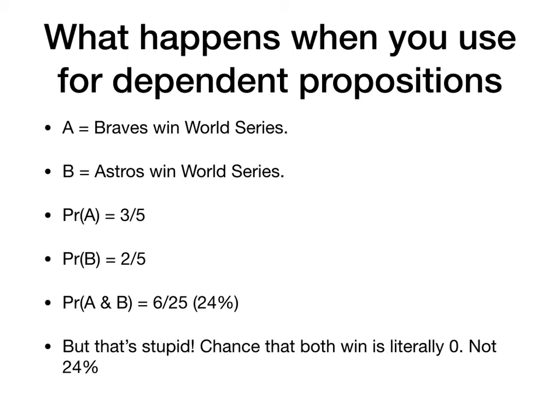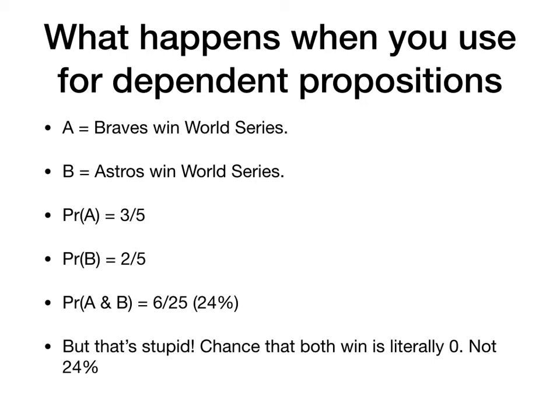The probability that the Astros win is 2/5, 40%. Well, what's the probability of A and B? We multiply 3/5 by 2/5, and we end up with 6/25 or 24%.